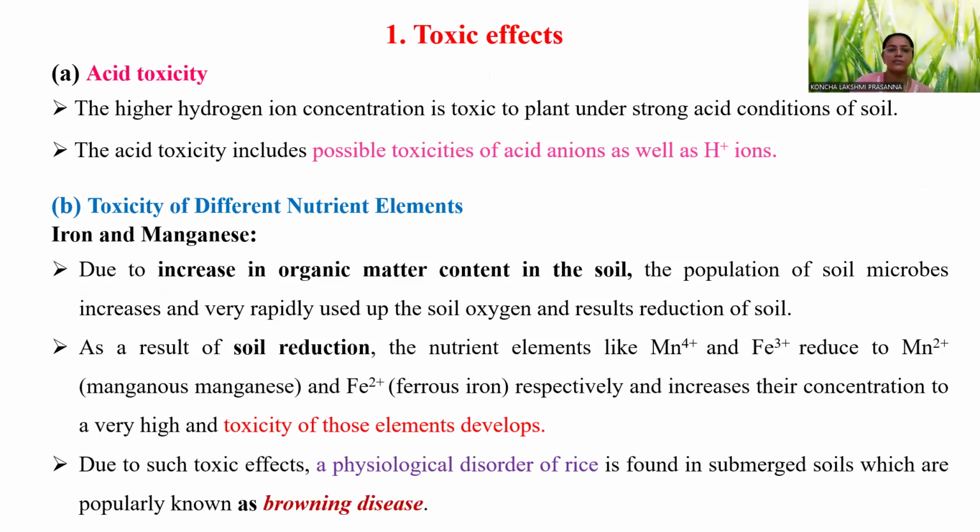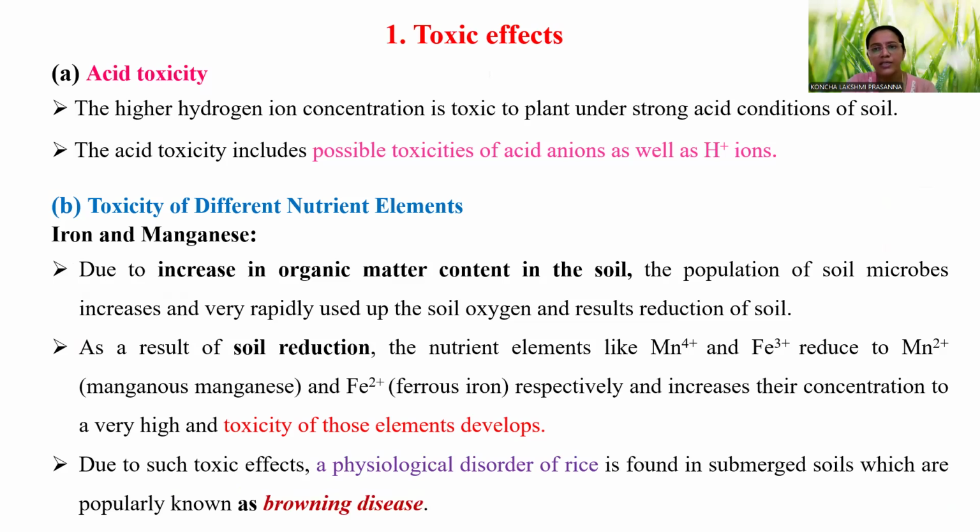So when more oxygen is utilized by these microbes, more reduction phenomena take place. When there is more organic matter present in the soil, the soil microbial population increases, and more oxygen is used by the microbes, so more reduction takes place.